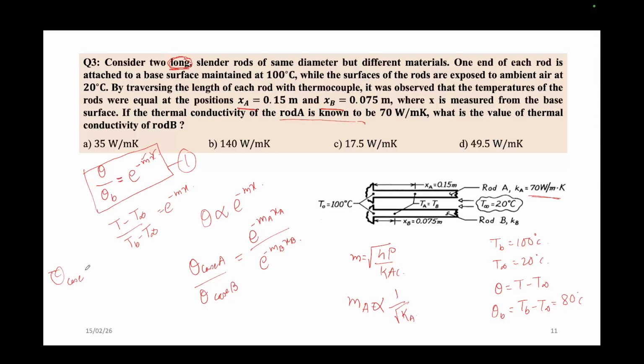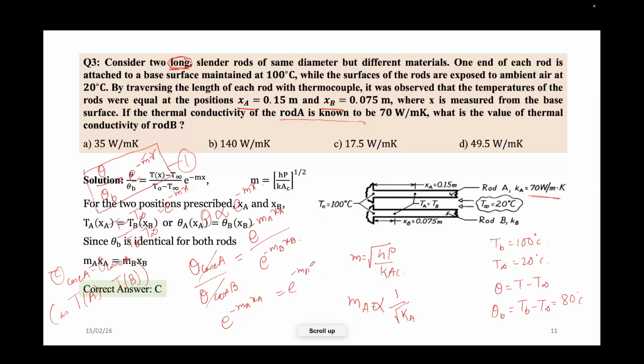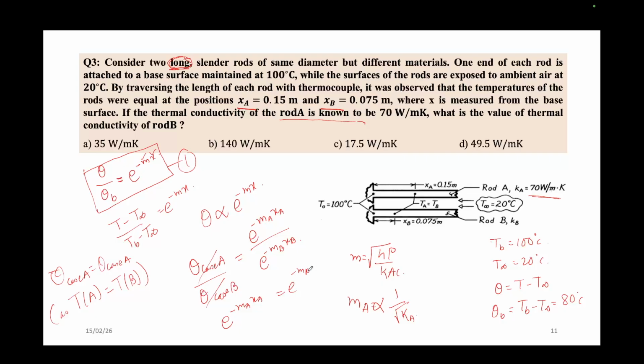So theta case A is theta case B, as both are equal. So I can write e to the power minus m_A x_A and e to the power minus m_B x_B are both equal. So I can write m_A x_A equals m_B x_B.